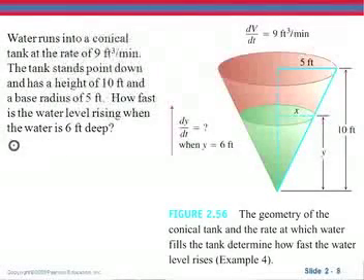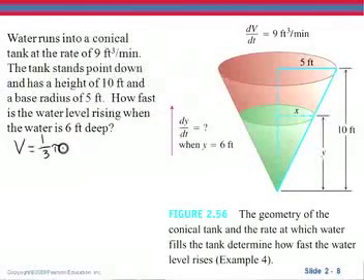Now normally when we do the volume of a conical tank, we do 1/3 pi r squared h. Now in this case, we have 1/3 pi, and they're using x for the radius, so the x squared, and they're using y for the height, so that would be y.